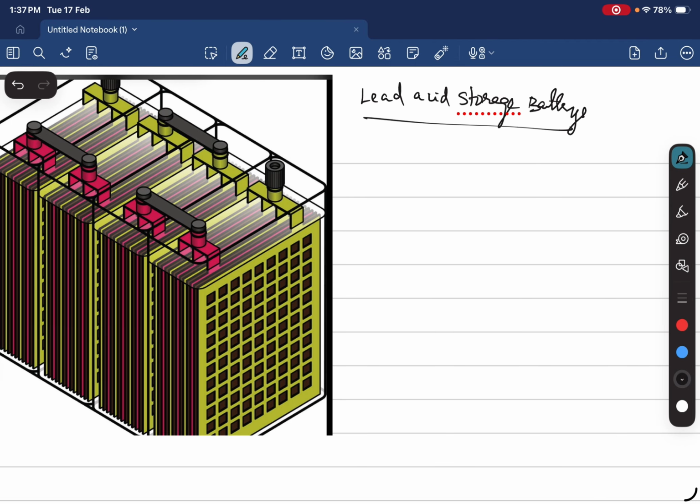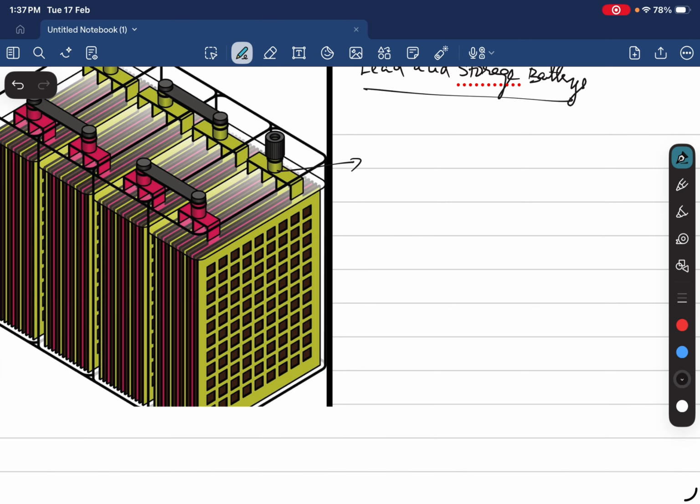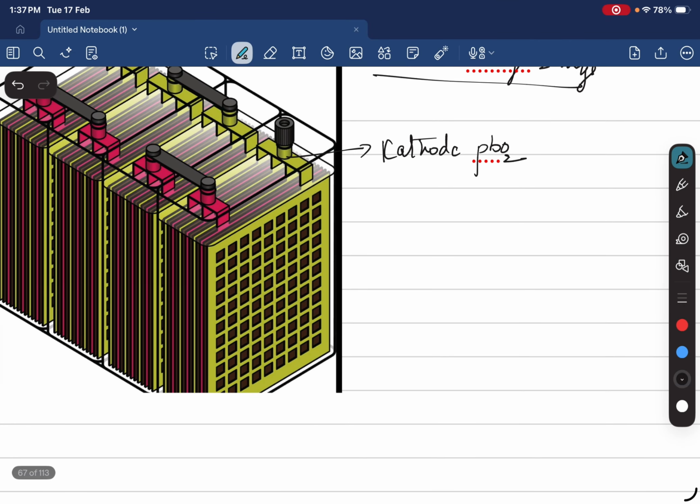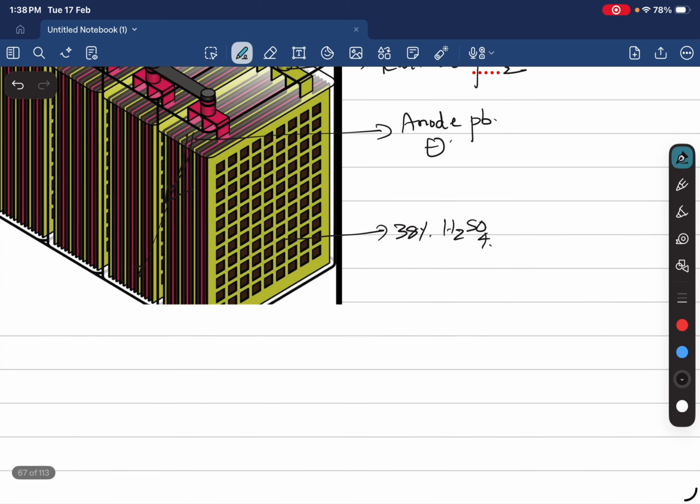Here the cathode is PbO2, lead oxide sponge, which is positively charged, and the anode will be Pb, negatively charged, and the electrolyte is 38% H2SO4. Let's see the reactions of this, most important.